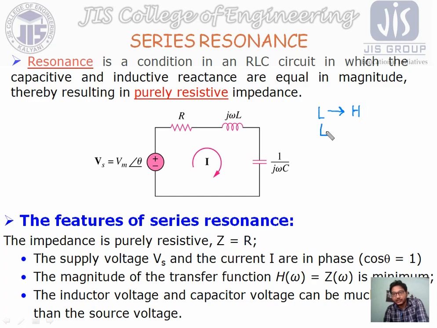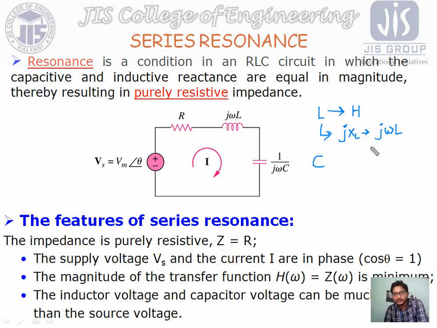We can write XL as omega L, so jXL is j omega L, and omega is equal to 2 pi f. If we put in the value of omega, that will be j into 2 pi f into L.